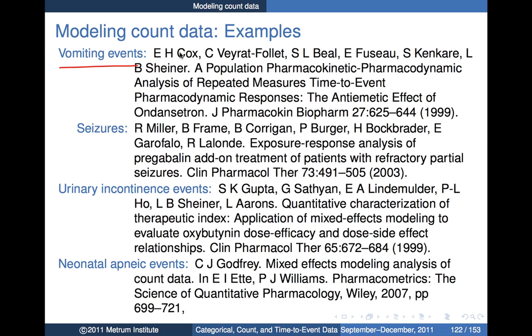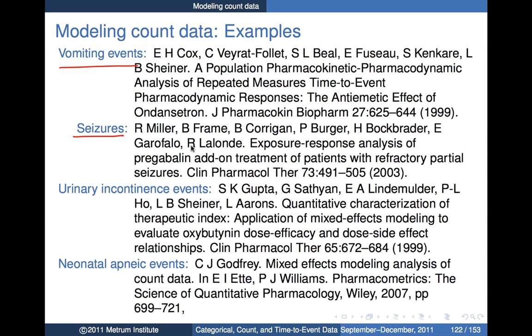For example, in Cox et al. here they described vomiting rates. In that particular paper, they modeled it primarily as repeated time to event data, but a subcomponent of their description there actually involves modeling the counts over certain intervals. Seizures, there's actually been a number of articles out there describing models for seizure counts.